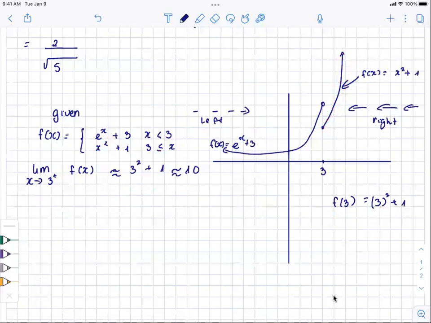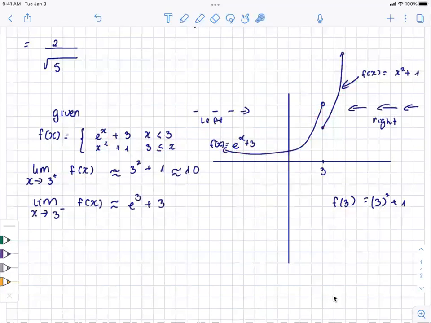Right? So now if I ask you the limit as x approaches 3 from the left hand side of f of x, then that means you look at this function, because we approach from the left hand side. So this will approach the number right here that's closest to 3, right? Basically approaching e to the 3 plus 3.